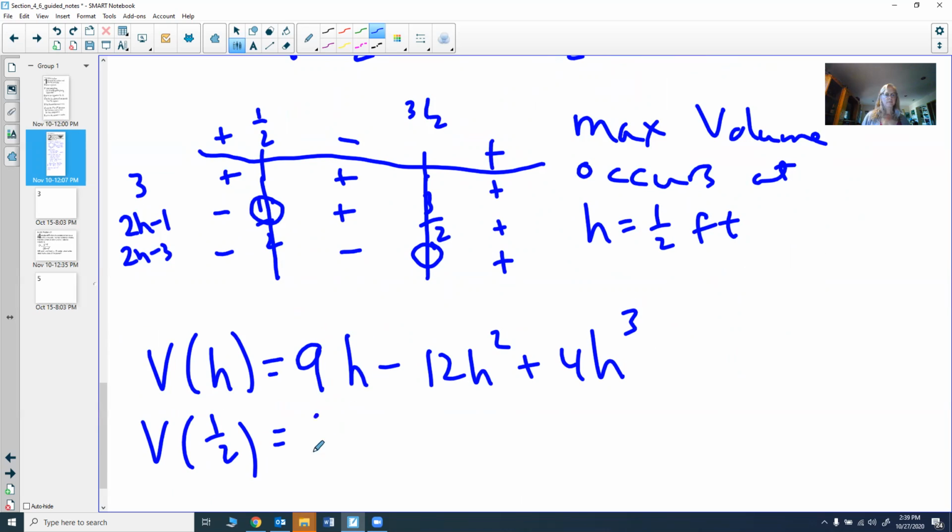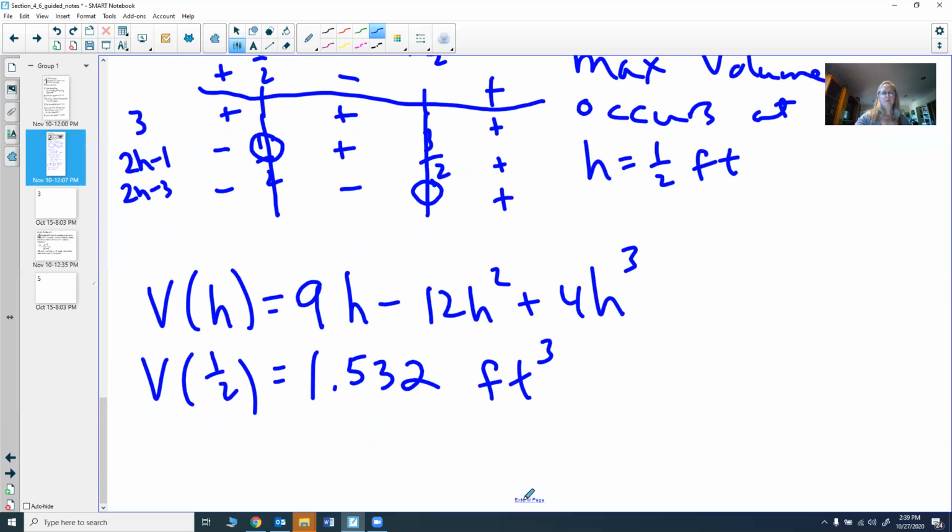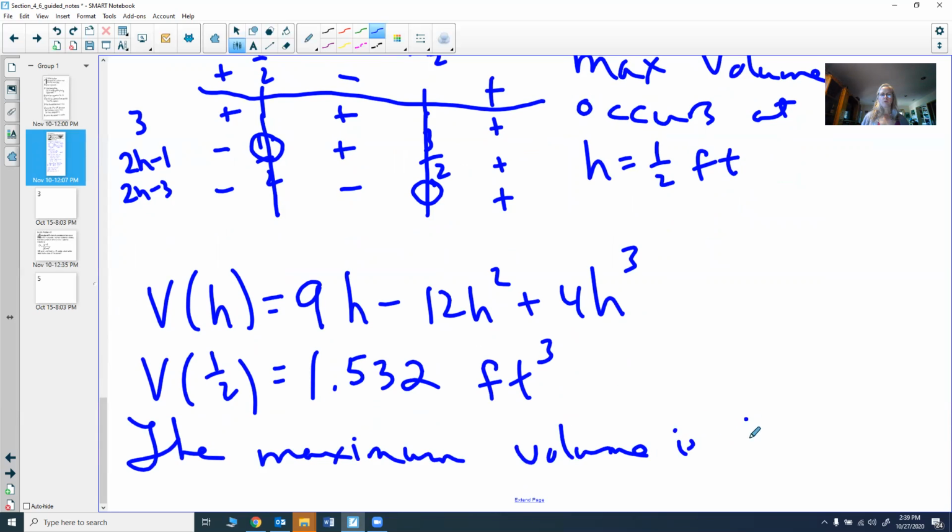And I get 1.532, and that's cubic feet, is the volume of that box. So I can now say that my maximum volume is 1.532 cubic feet.